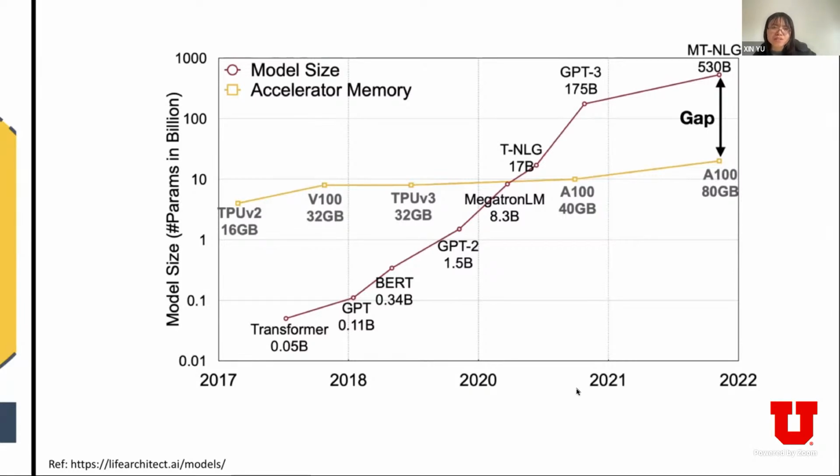The yellow curve is the GPU memory size, in gigabytes. So this figure shows the gap between the parameter size and the current GPU memory. It seems the memory is not able to support the current big model parameters.